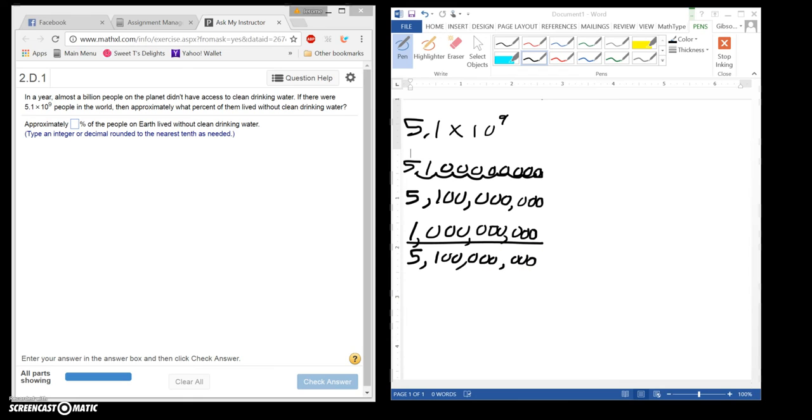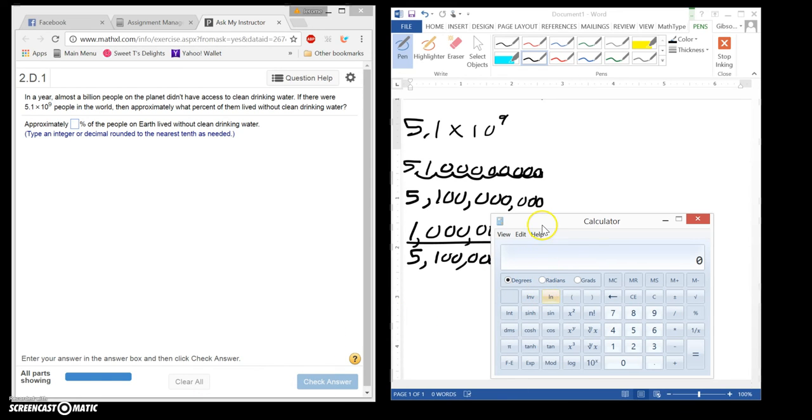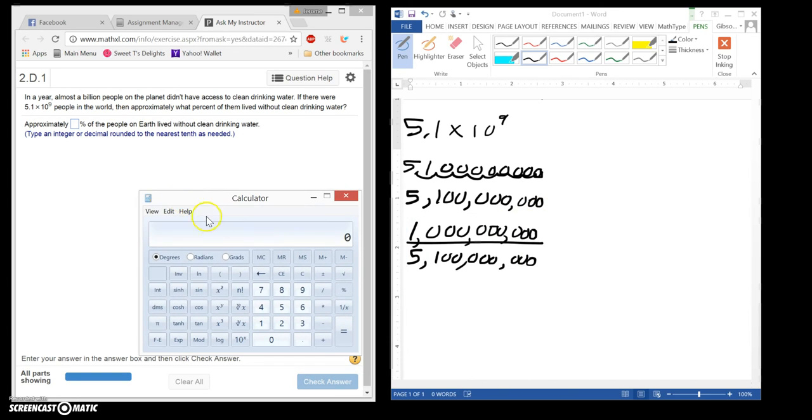Now you would take your calculator, and we would take 1 billion and divide it by 5,100,000,000.